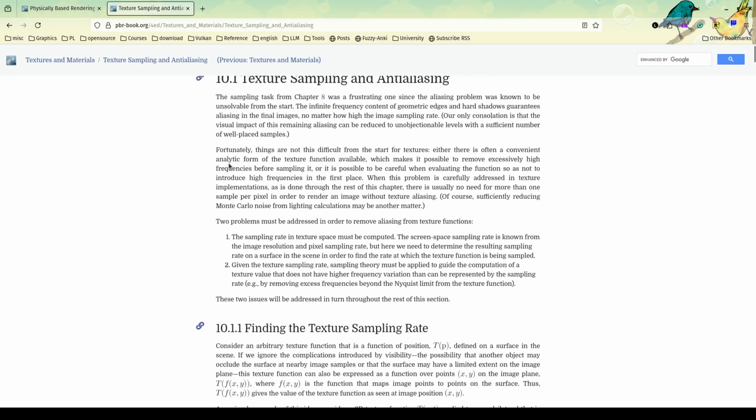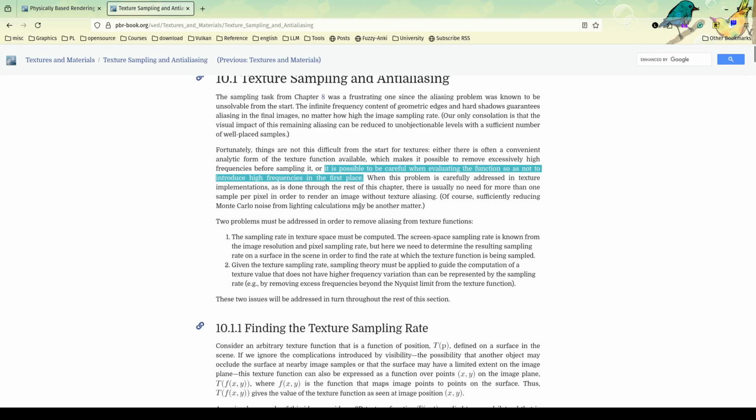But fortunately, things are not this difficult from the start for textures, because there is often a convenient analytic form of the texture function available, which makes it possible to remove excessive high frequency before even sampling it. Or it is possible to be careful when evaluating the function so as not to introduce high frequency in the first place.